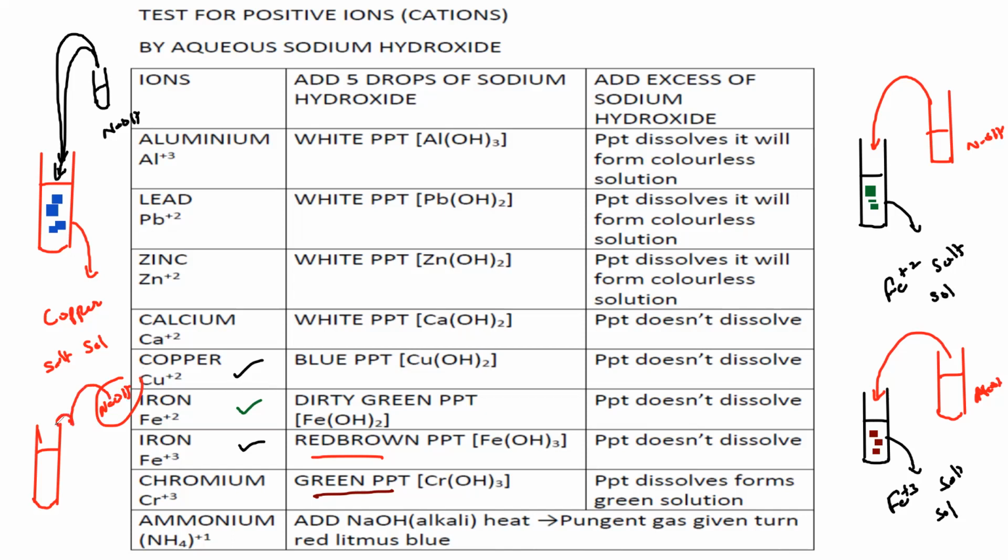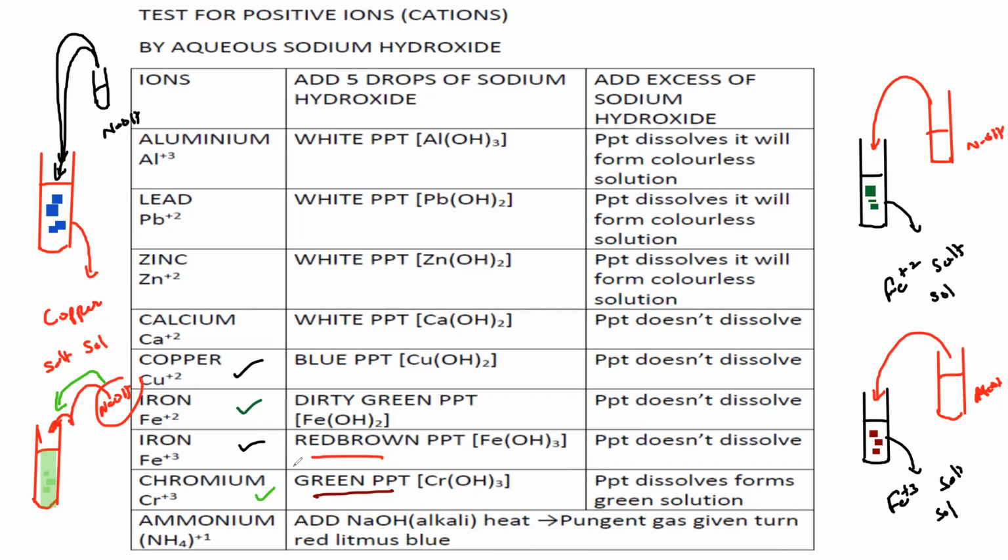When we add sodium hydroxide to this test tube, first we'll observe a green precipitate is formed. So this will form a green PPT. But when we add excess, more than enough, too much is added, the moment we add an excess, the precipitate will dissolve, and as a result, the solution will turn green. So this is the observation for chromium. So copper 2, iron 3, chromium.